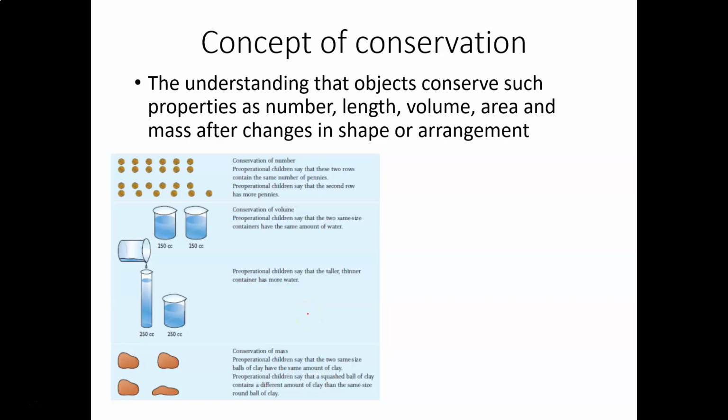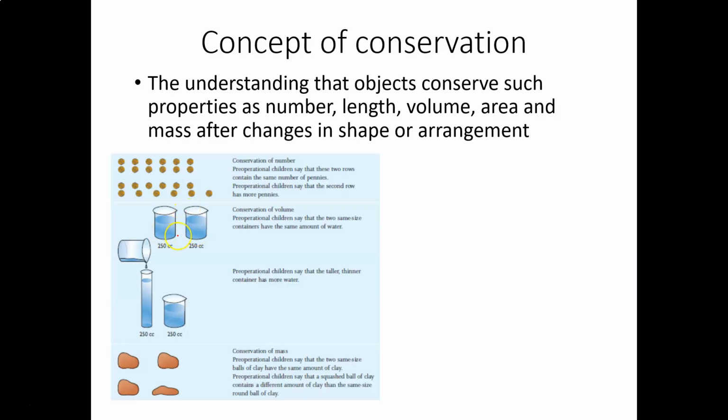A child in the pre-operational stage would argue that these two rows of pennies are the same, but that in these two rows the one on the bottom has more pennies than the top row because the bottom row is taking up more space.